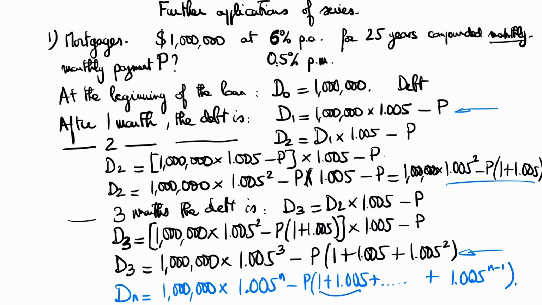Now this we can simplify a bit because it's a geometric series and it can be written as 1.005 to the power of n minus 1 over 1.005 minus 1.